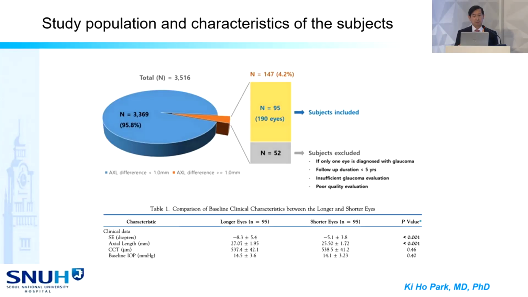So about 4.2% were the eyes with axial difference more than 1 millimeter, and among them 95 individuals were included in this study. Their baseline intraocular pressure was not different between longer eye and shorter eye.